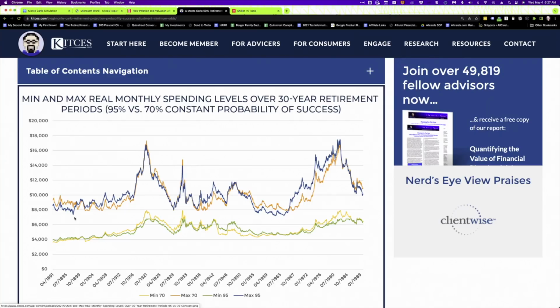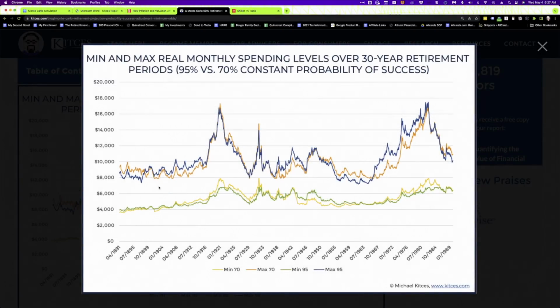Basically, these two different graphs, the green and yellow down here and the orange and blue, you can think of these as worst case and best case. But the point I want to make, we'll just use the top lines for now. The blue is 95% and the orange is 70%. There are some differences, but boy, not much.